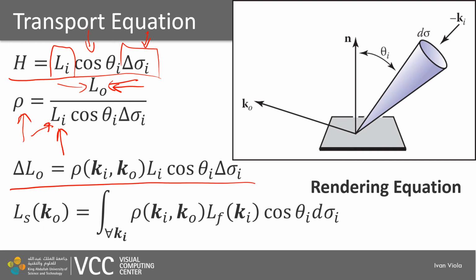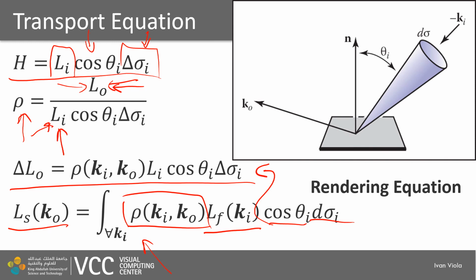Now, if we want to obtain the surface radiance caused by the field radiance from all incoming directions, then we sum it up through an integral where we have our BRDF function, as we have discussed before, multiplied by the field radiance of the incoming direction and scaled by the angle of incidence and the solid angle. It is very similar to what we have here, but it is an integration over all incoming directions. And this equation, which we see here, is the central equation in photorealistic computer graphics. This is the rendering equation.